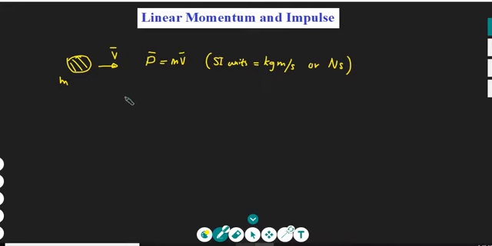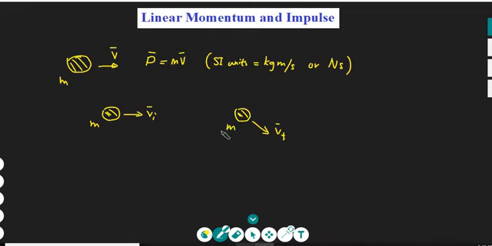Now, let's say that there's a change in the linear momentum. For example, an object of mass m moves with some initial velocity v_i, and at a later time, the object, let's say, changes direction. Now, its final velocity is different from the initial velocity.